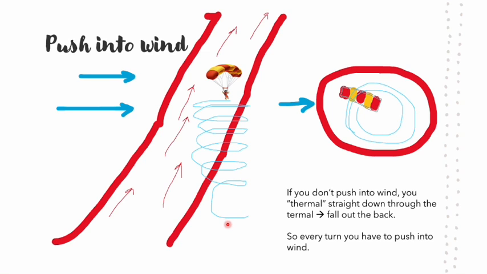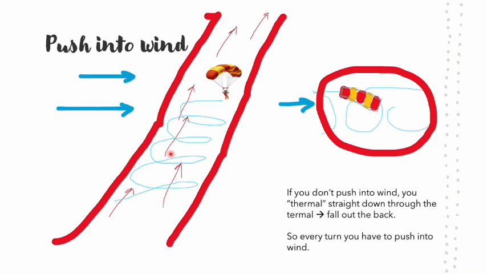So you have to adjust your turn to actually stay in that thermal, which means that your portion flying into wind is a lot longer. Downwind is a lot faster and into wind is a lot longer. You need to do that so you stay in that column, and this whole column obviously moves up with you in it, but you still have to adjust to stay in that column.